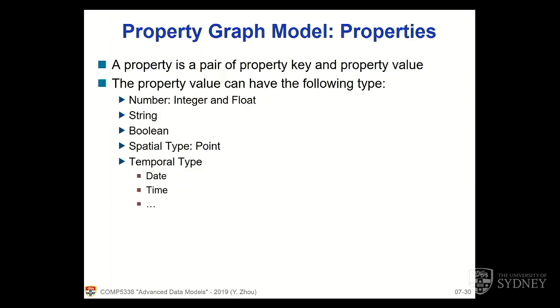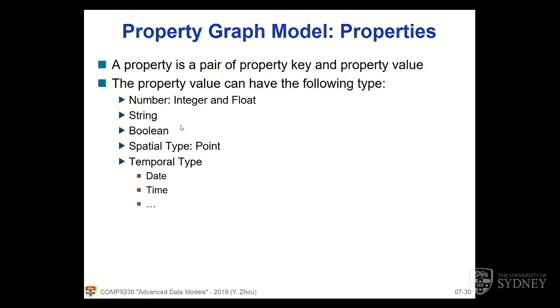Okay, so a property is basically a pair of property key and property value. It's like an attribute, which might be easier to understand. An attribute has a name and a value. Name is the property key, and the value can be of different types.